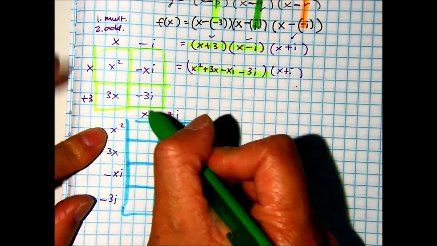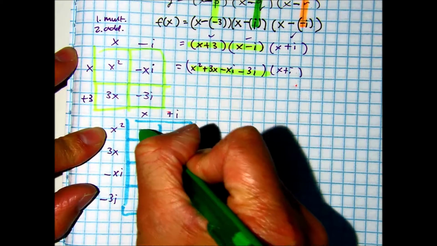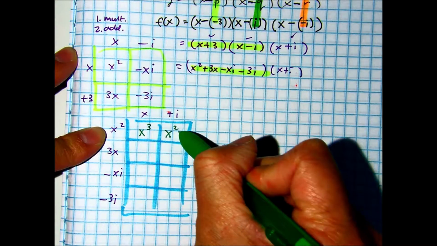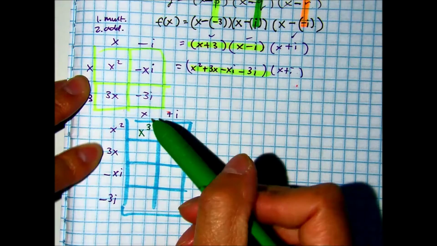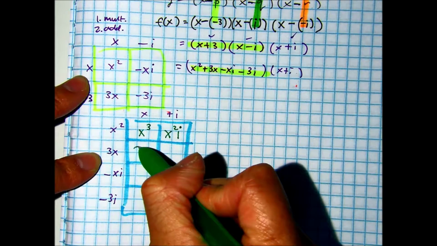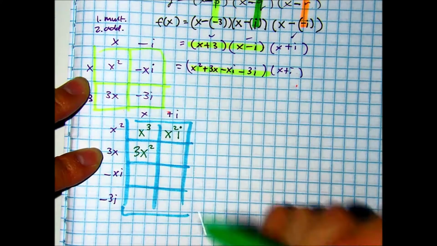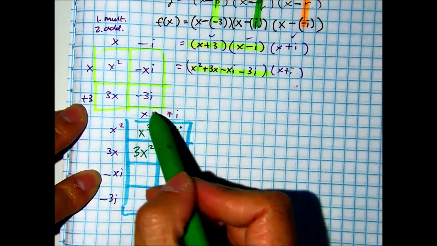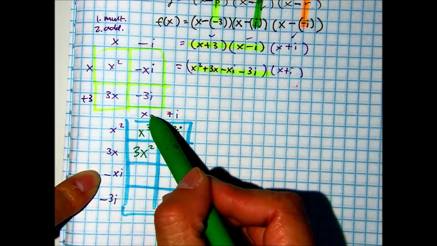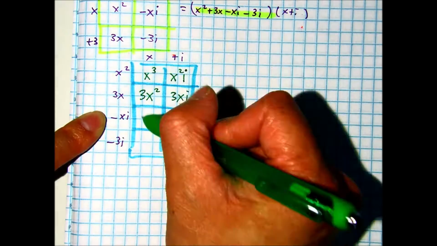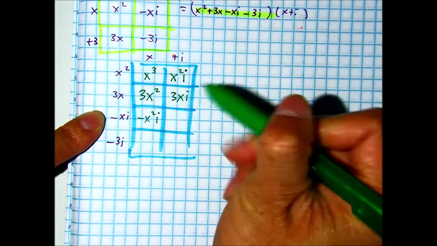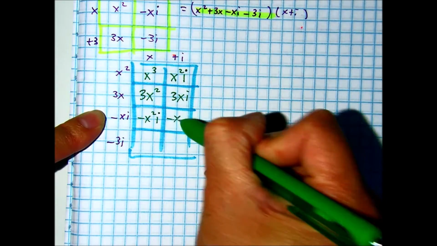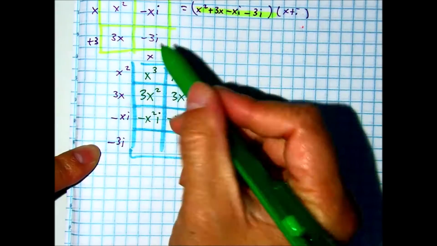Class, x times x, x squared. Times i, x squared i. x times 3x, 3x times i, x times negative xi, squared. i times negative xi, negative 3i times x.